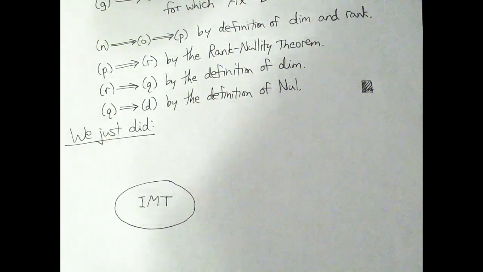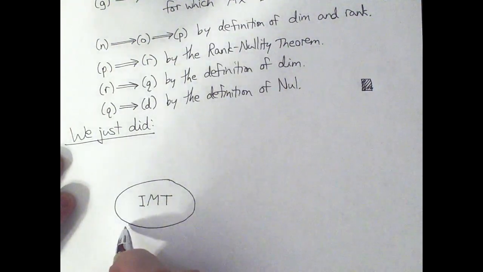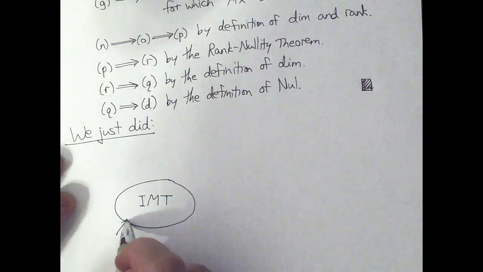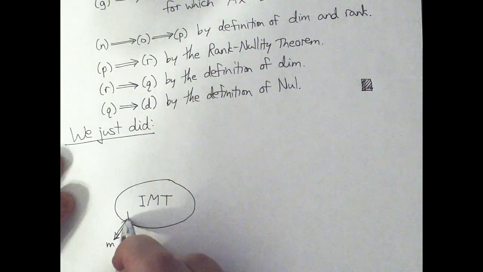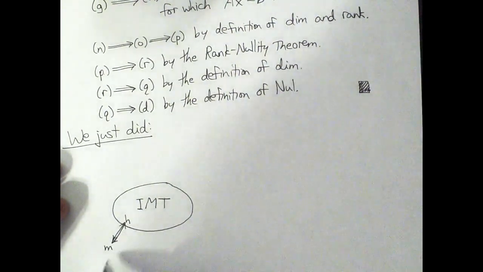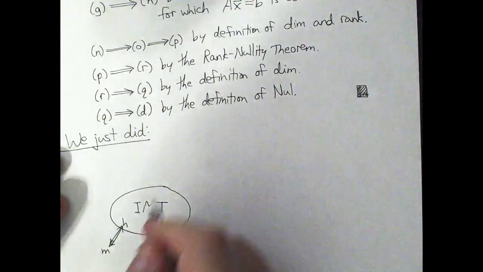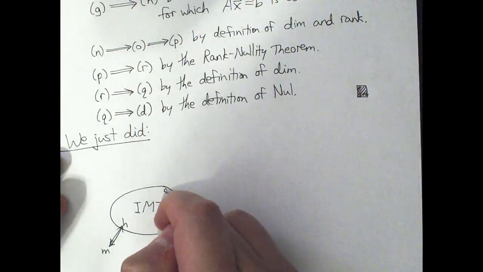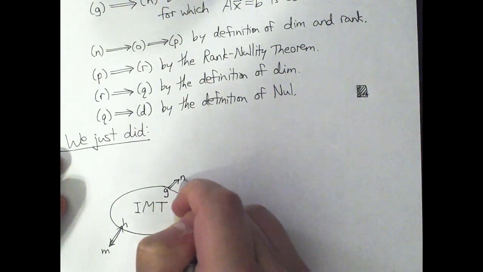We knew it previously as statements A through L. First, we tied in statement M. We did M if and only if H. So that connects M to the IMT and shows that M is equivalent to all the other pieces of the IMT. All right. Then we started from G, and we showed that G implies N.